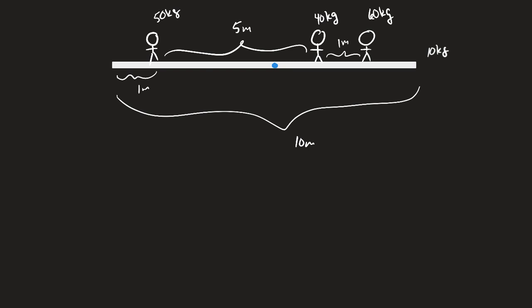Now, all jokes aside, there is an important detail here. Had we chosen the center of the plank, knowing that there are masses on both sides of the plank, I need to remind you, or at least instill upon you, that center of mass is a vector quantity.